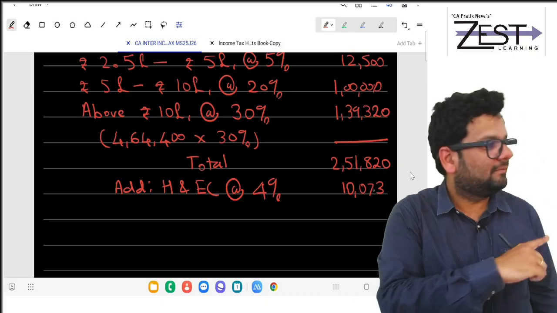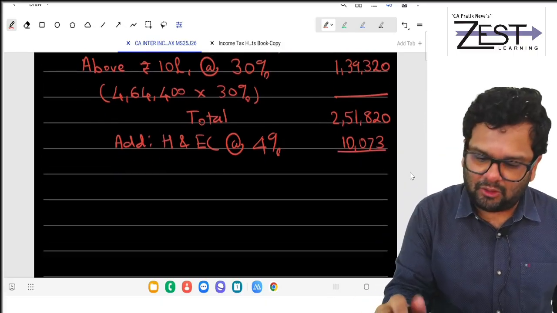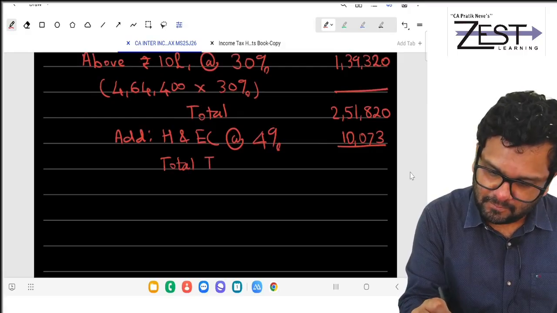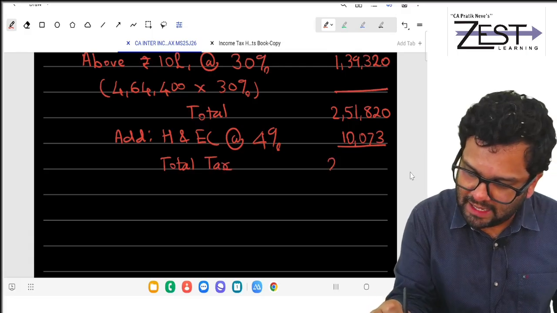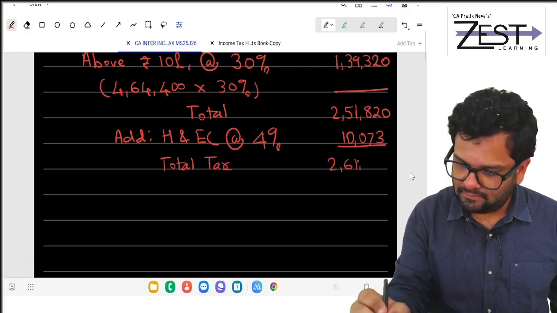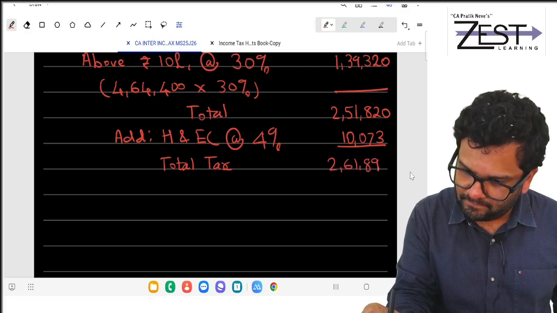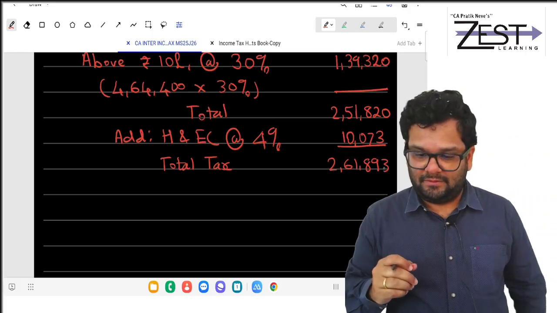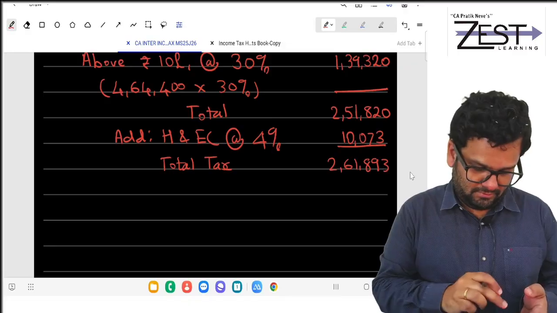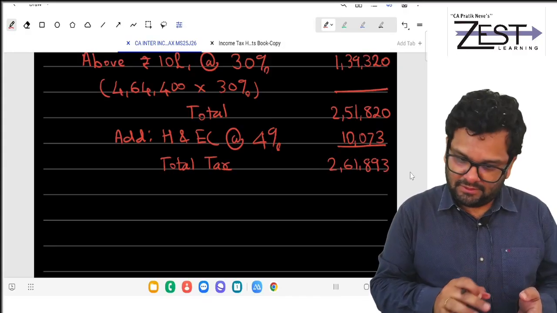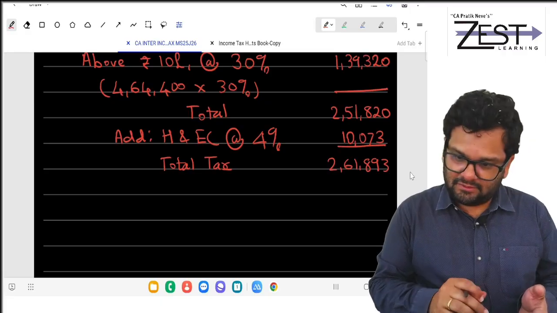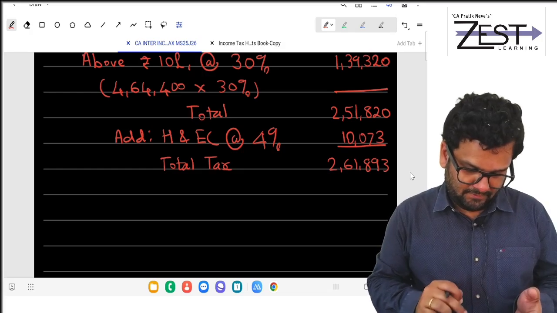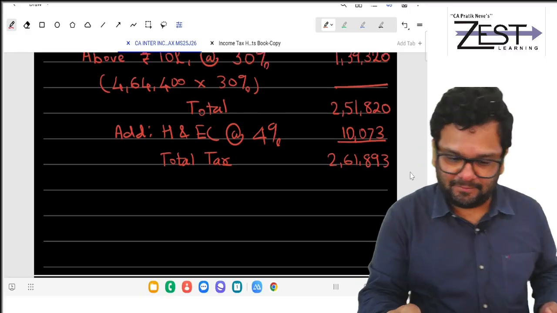Like this. Now tell me what is your total tax? 2 lakh 61,893. I will do that, but at this stage, is it correct? 2 lakh 61,893.